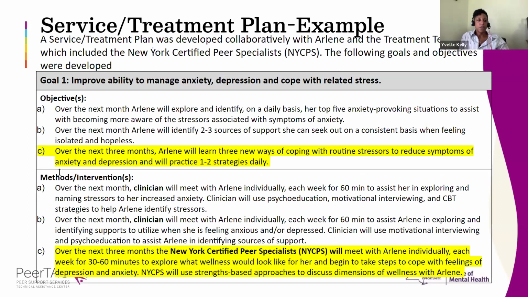The treatment team got together, and the treatment team, which included Arlene, the providers, and also the peer specialists, got together to formulate what the treatment plan would be for Arlene. And in clinics, this will be important because as a peer provider, you won't have a standalone treatment plan.